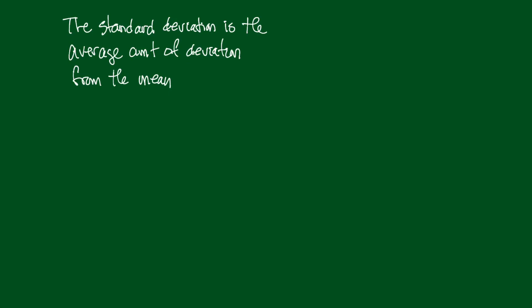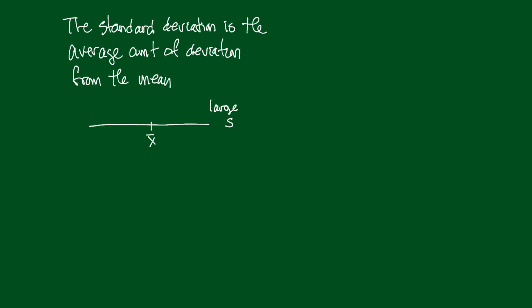So the standard deviation is an average amount of deviation from the mean. So you have a bunch of data values. On the average, how do they differ from the mean? For example, suppose that you have the mean, x bar. Now, what if you have a large standard deviation, a large s?